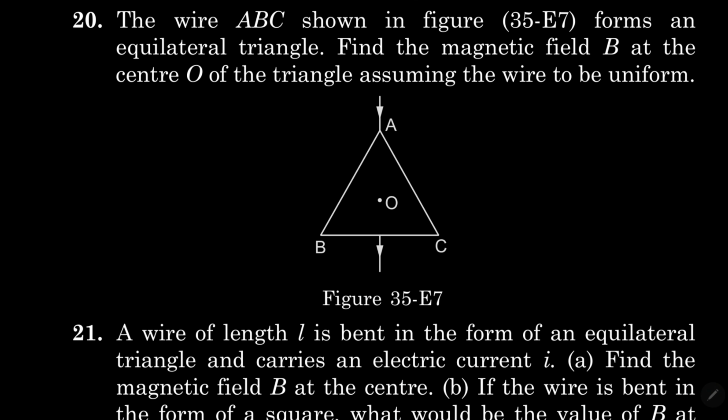In 20, we need to find the magnetic field at center O of the triangle assuming the wire to be uniform. Solution 20.